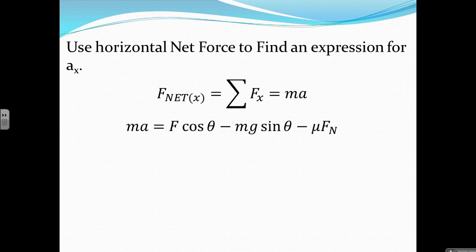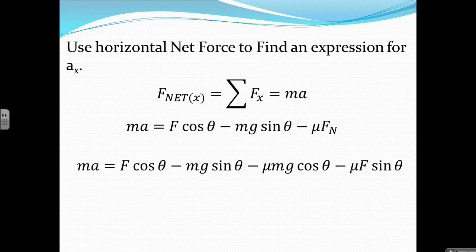Now we have an expression for the normal force, so we can take this last term, the normal force, and replace it with what it is equal to. That gives us F cosine theta minus mg sine theta, but here I have two terms that the normal force is equal to, mg cosine theta plus F sine theta. When you distribute that negative mu, it's negative mu mg cosine theta minus mu F sine theta.